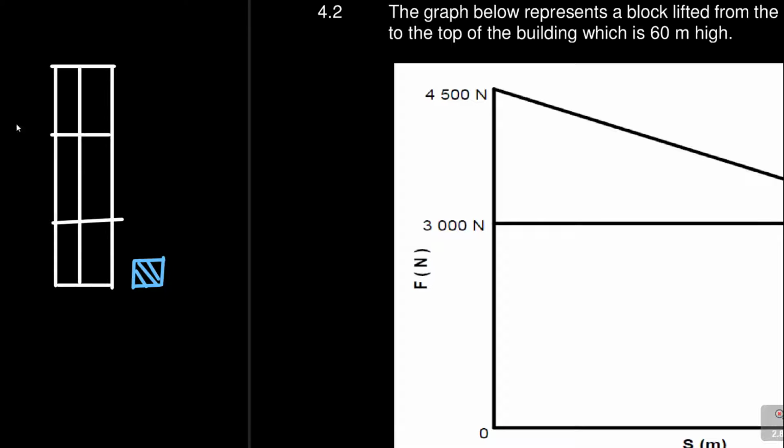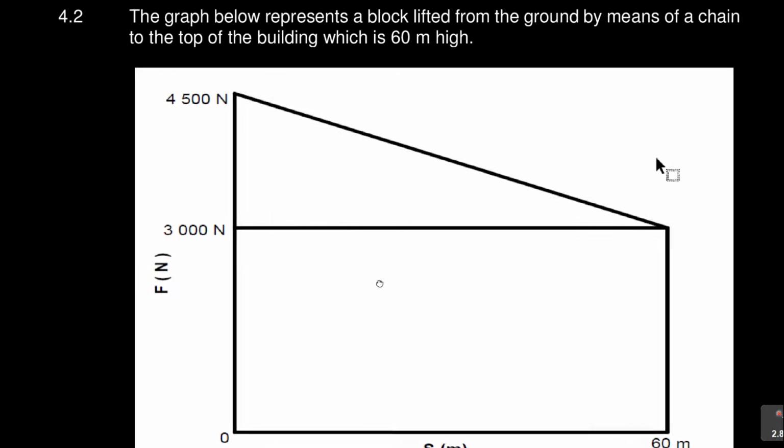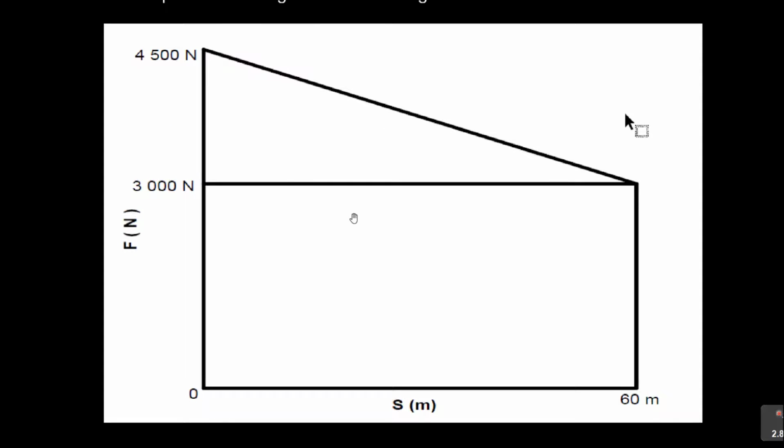You are using a chain. That's what they are saying. Maybe there is a crane here, some way of bringing this, I don't know, whatever, but let's say there is a crane or whatever, just that it's a chain. So this block is going up. That's the block.